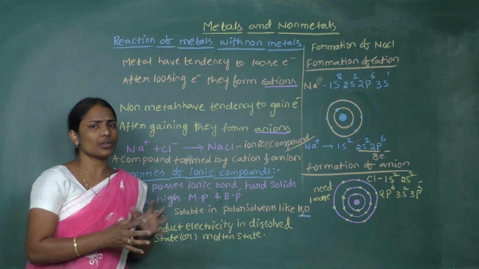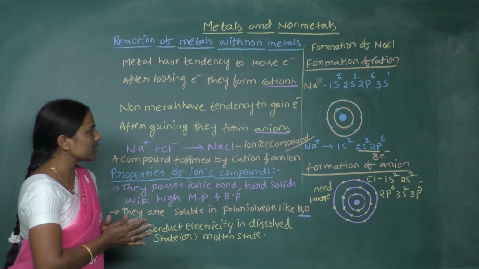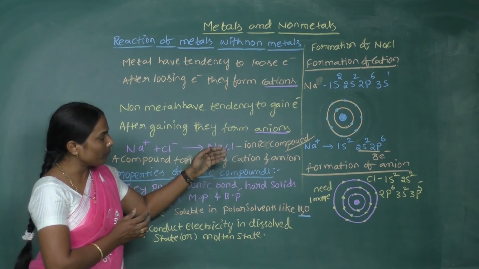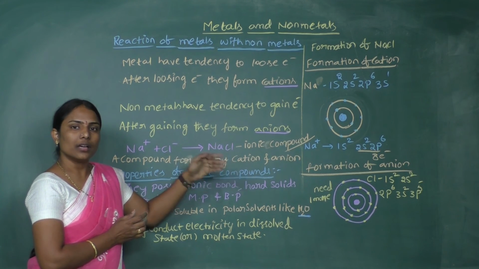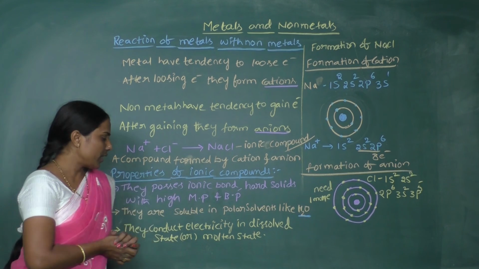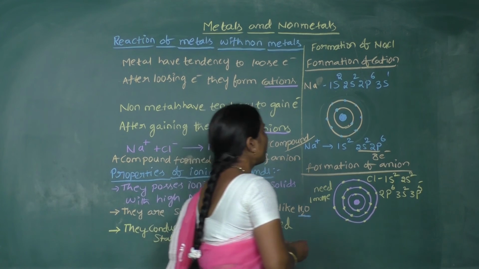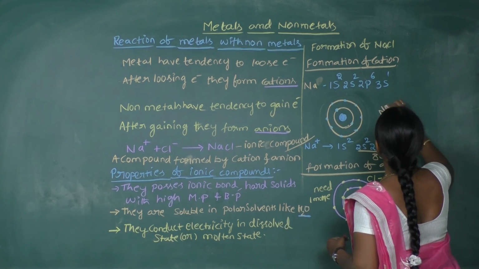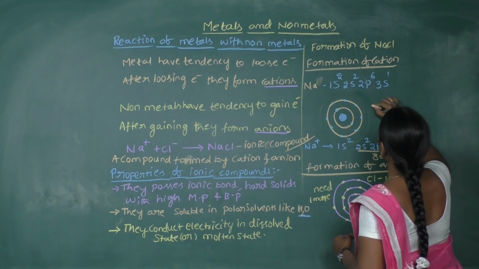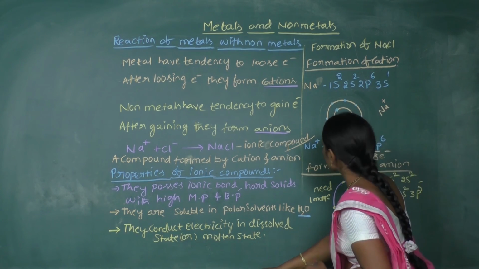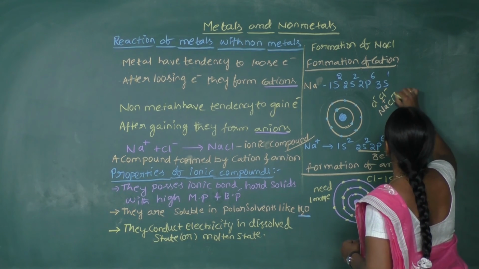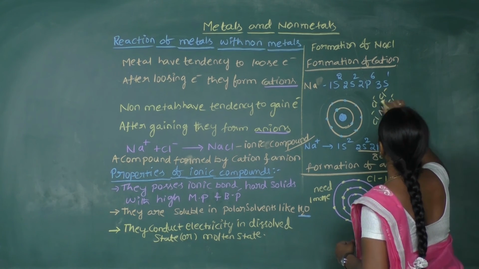Okay, see, you can understand very clearly why they will conduct electricity only in the dissolved or molten state, why not in the solid state. See, a sodium cation is forming a bond with the chlorine anion, right? When they form a bond, the bonding can be explained like this. One Na+ ion is completely surrounded by Cl- ions.